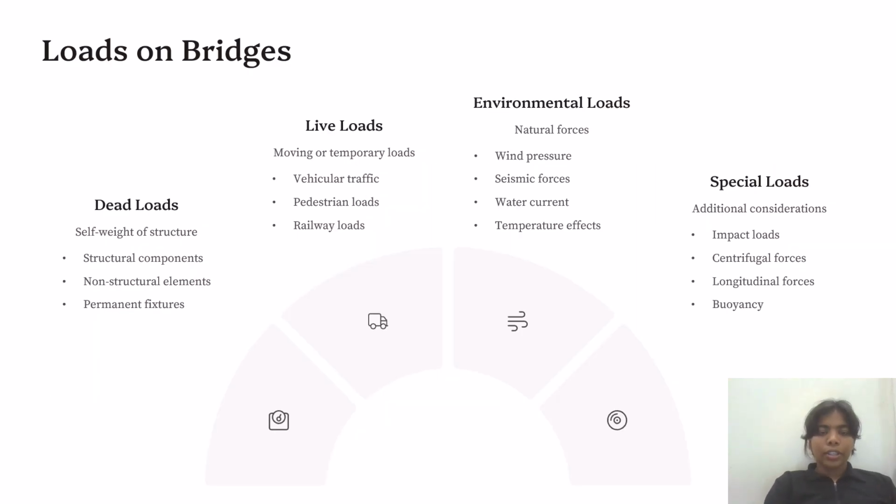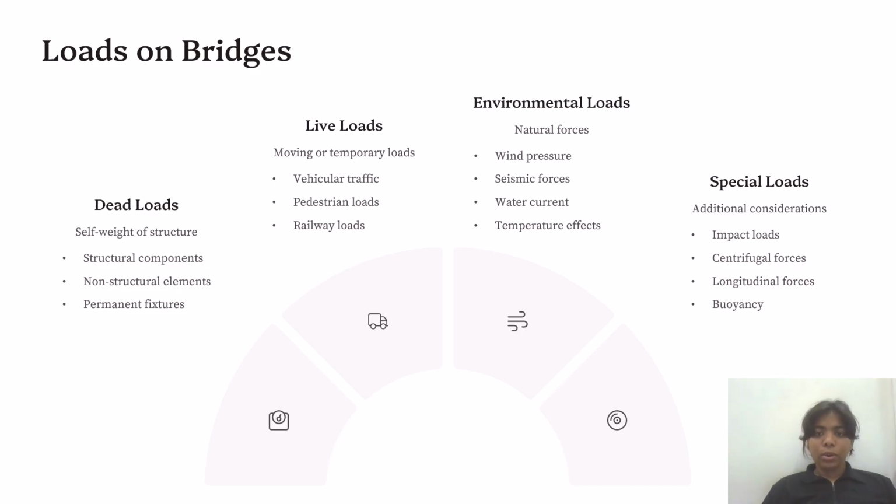Now, these are the loads acting on the bridges. First of all, we talk about the dead loads. Bridges are designed to withstand various types of loads to ensure safety and stability.